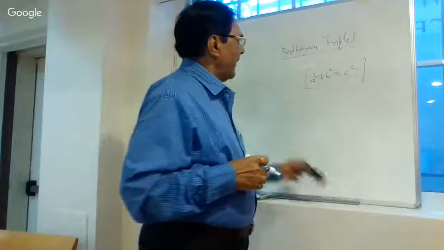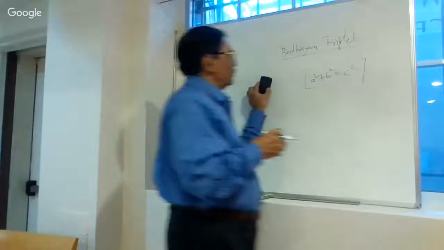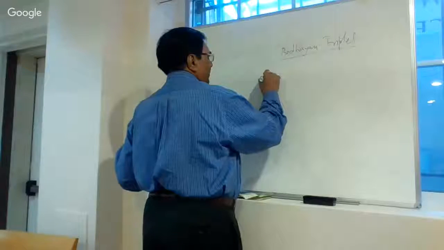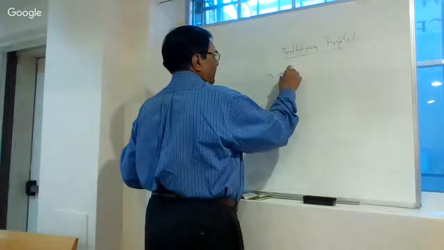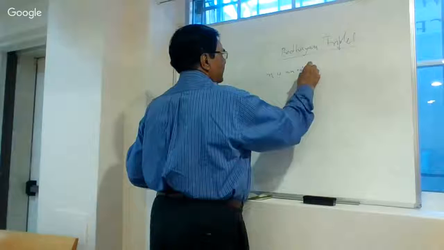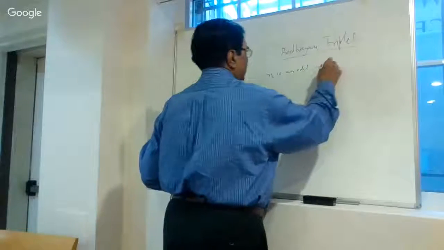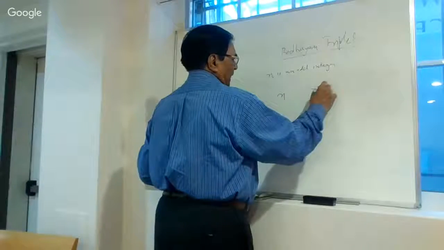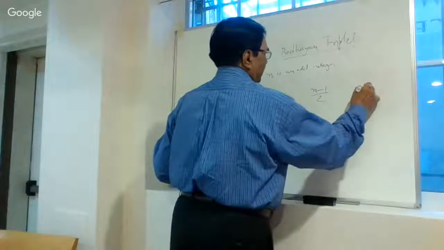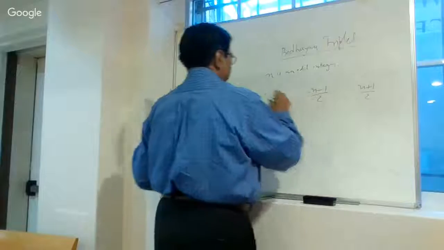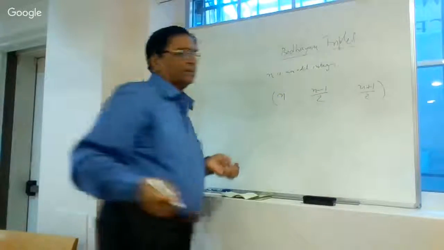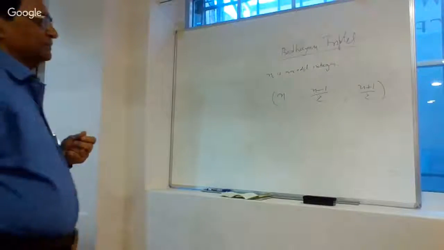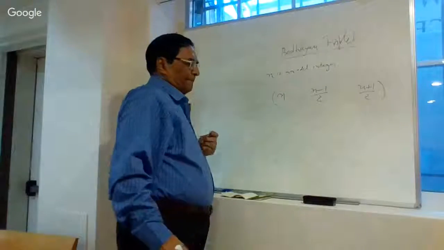I take you to play. Suppose n is an odd integer. Then n, (n square minus 1) by 2, (n square plus 1) by 2 will be a Pythagorean triplet.